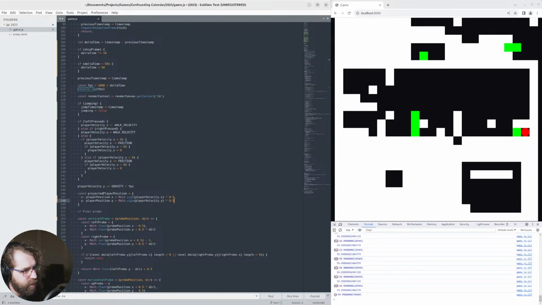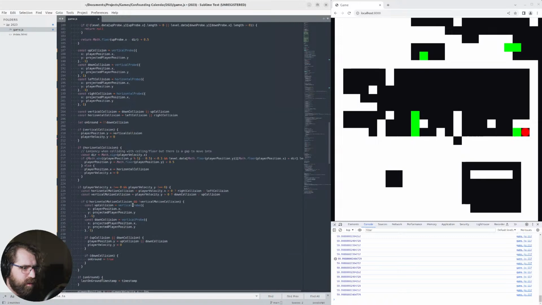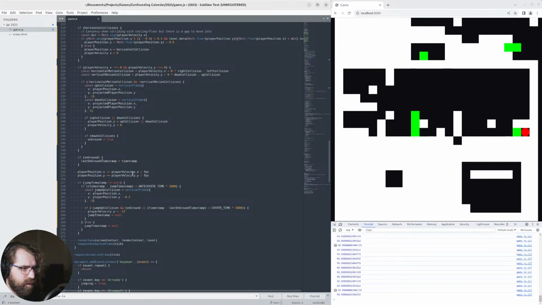I think I would rather just keep this as what it was, which was that divided by FPS, right? I hope. And then this was similar.